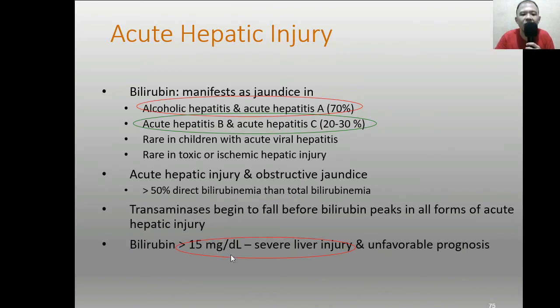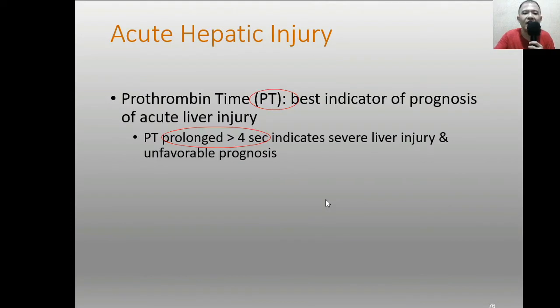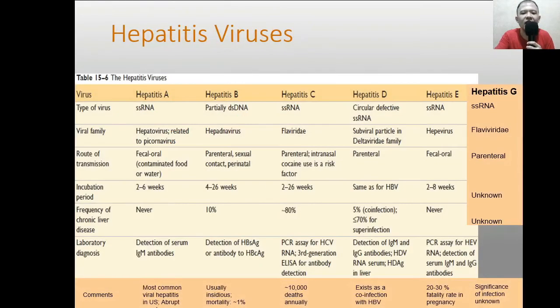A bilirubin of more than 15 indicates a severe liver injury. Prothrombin time prolonged greater than 4 seconds indicates severe liver injury. Again, prothrombin time is an index of the function of the clotting factors.